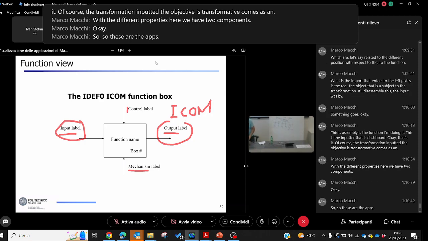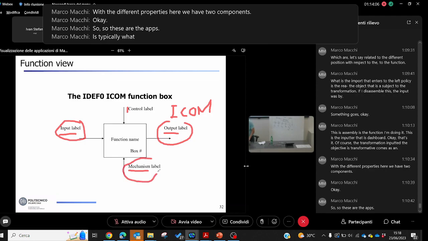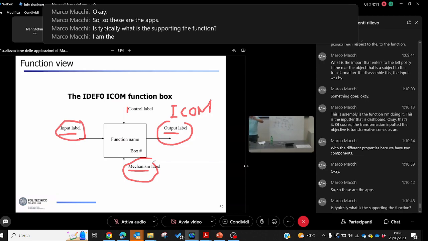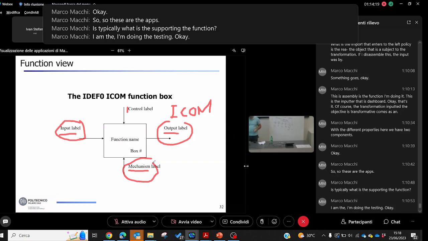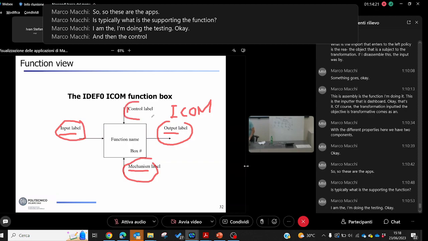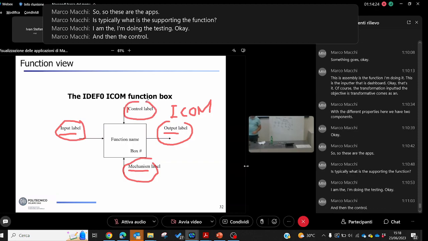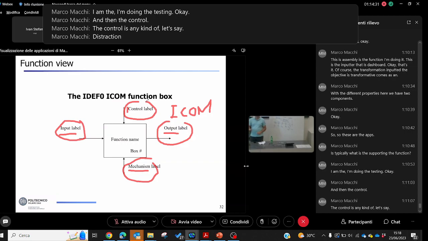The mechanism is typically what is supporting the function. I am the mechanism. I'm doing the disassembly. And then the control. The control is any kind of instruction, order in terms of command, order in terms of guidance, direction, and so on.